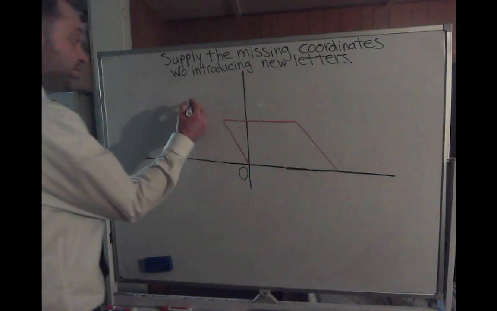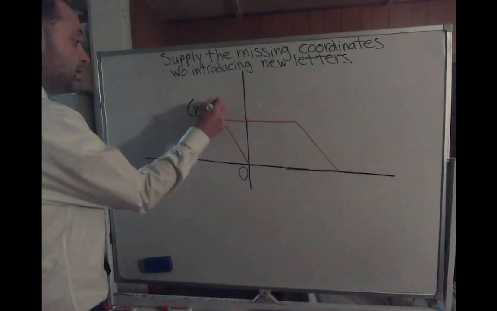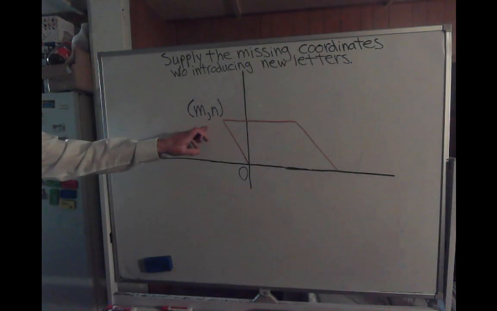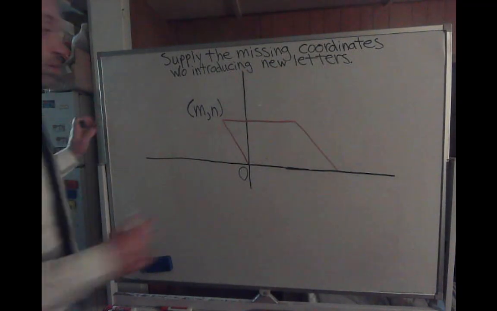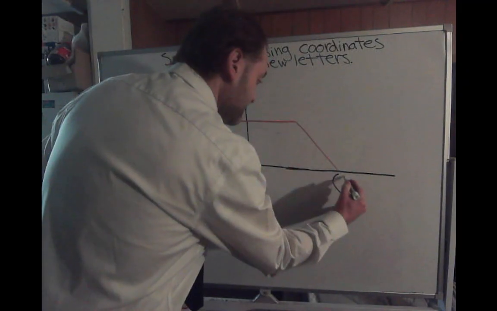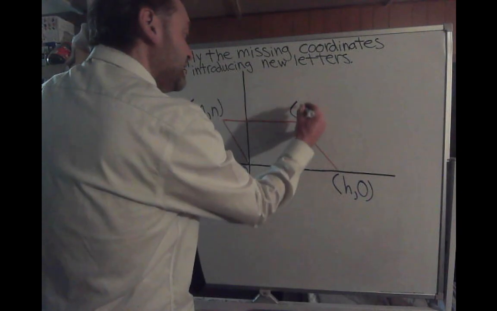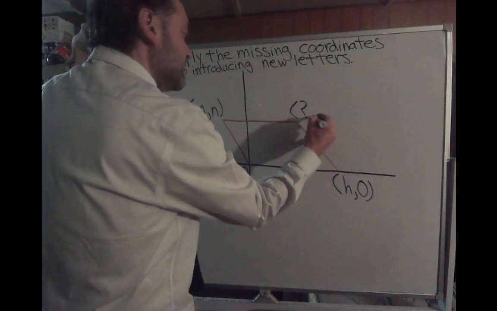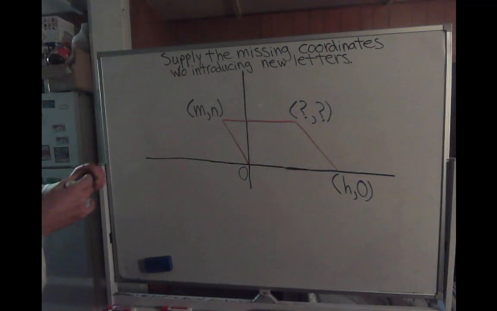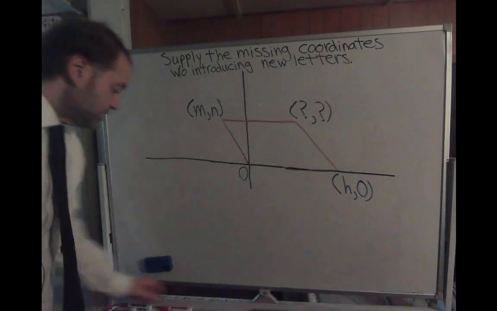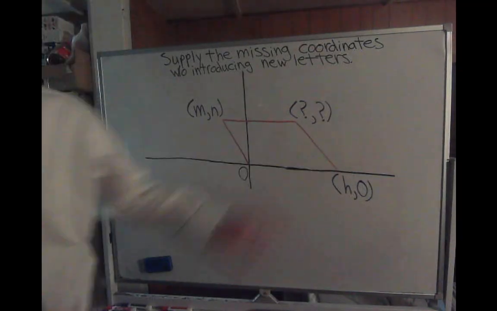The top left vertex is going to be at M, N. So we know the top left vertex to be at M, N. The bottom right vertex is at H, 0. What we need to find is the top right vertex. So we're being tasked to find the top right vertex of this parallelogram.